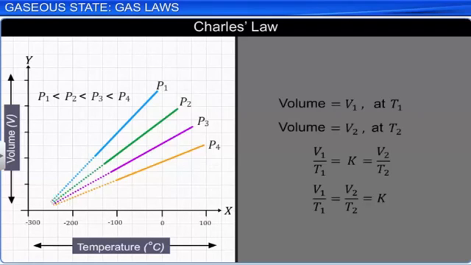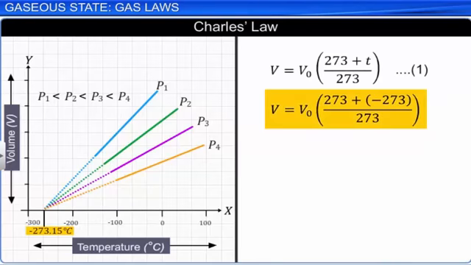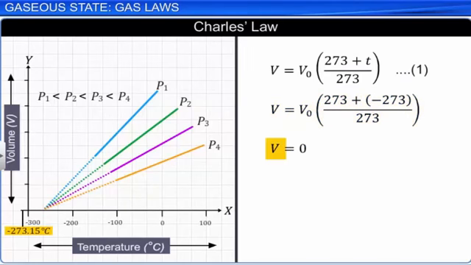From the graph, if we substitute the value of temperature as minus 273 degrees Celsius in equation 1, then volume at minus 273 degrees Celsius becomes 0. Thus, we can conclude that the volume of a gas would be reduced to 0 at minus 273 degrees Celsius.